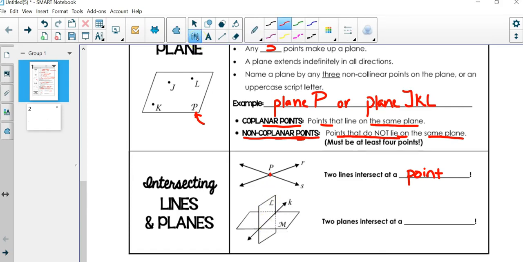So they meet over here. So when they intersect, they form what? A line. Good job. So 2 planes intersect at a line. Go ahead and make sure you have all your answers to this work written down.